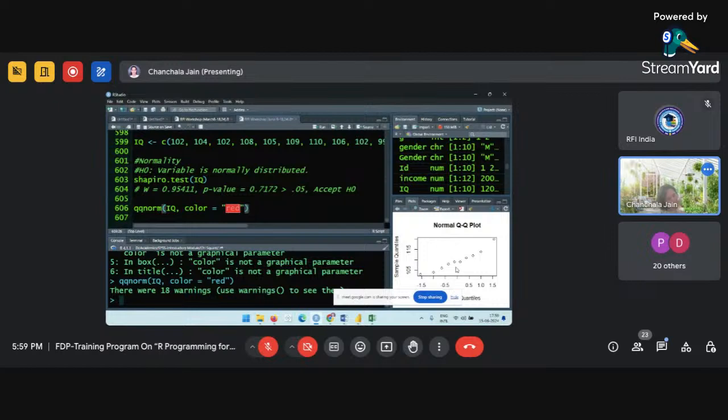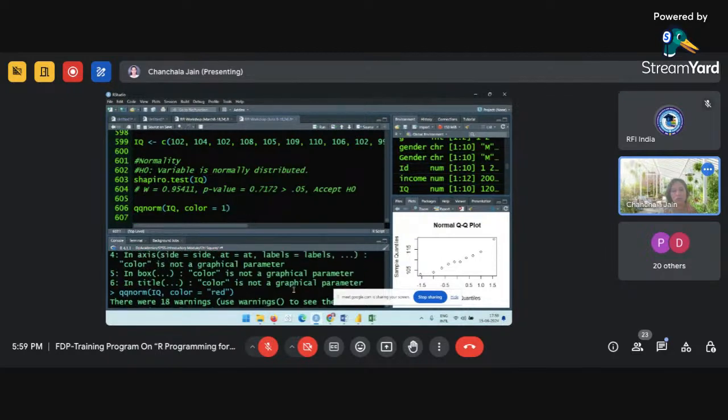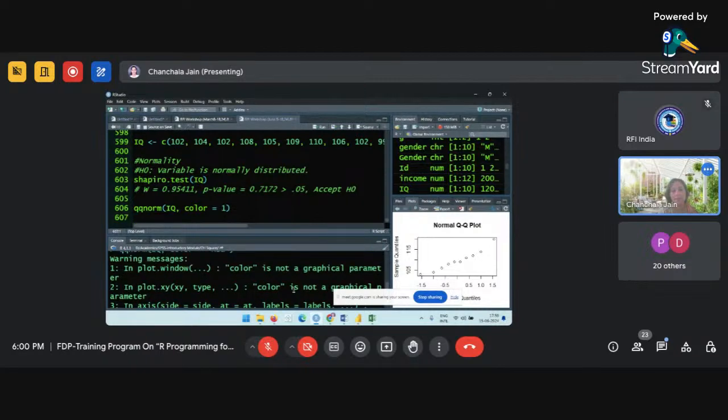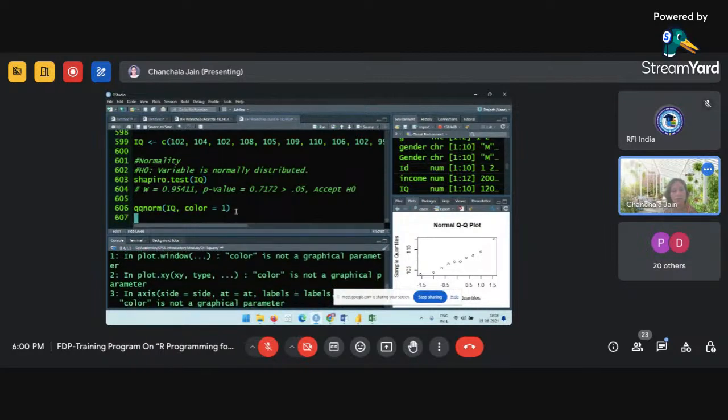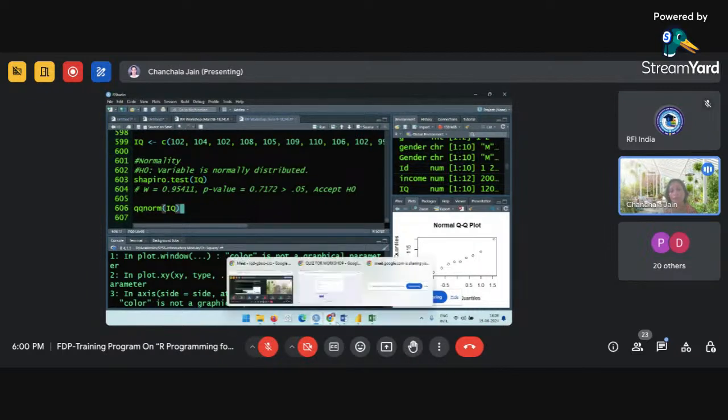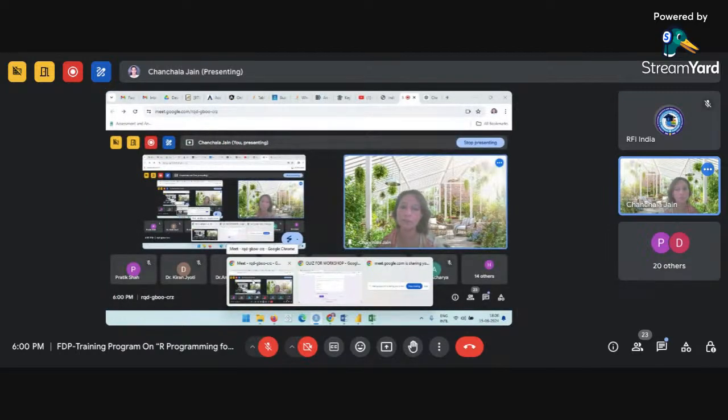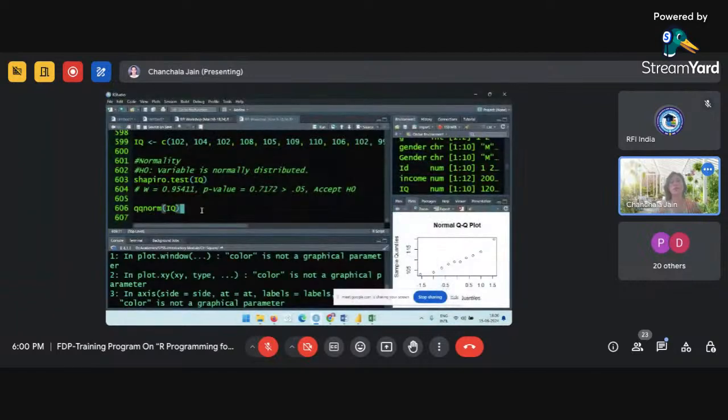Anyone who is getting colors? Any answers? Fine. So I think you can see this way you can create normal QQ plot.